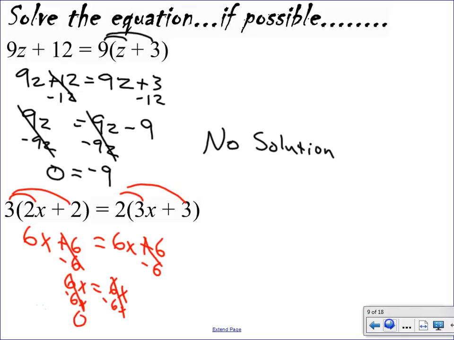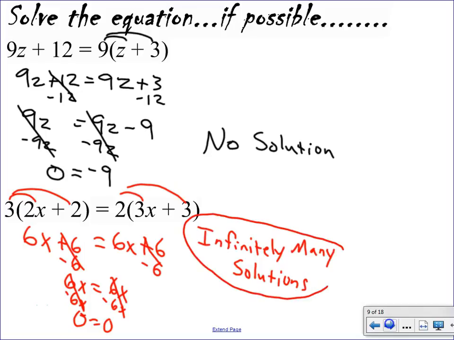So I have nothing equal to nothing. And that is a true statement. 0 equals 0. So in that case, no matter what we choose for x, it's always going to be true. So we can call that infinitely many solutions. Meaning no matter what I choose, it will be a solution since we have equivalent expressions on both sides of the equation.